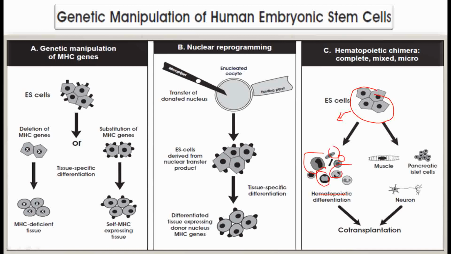Here will be hematopoietic differentiation, and after hematopoietic differentiation, there will be co-transplantation. On the other hand, these cells are differentiated into muscles, pancreatic islet cells, and neurons. Further, it goes to co-transplantation.